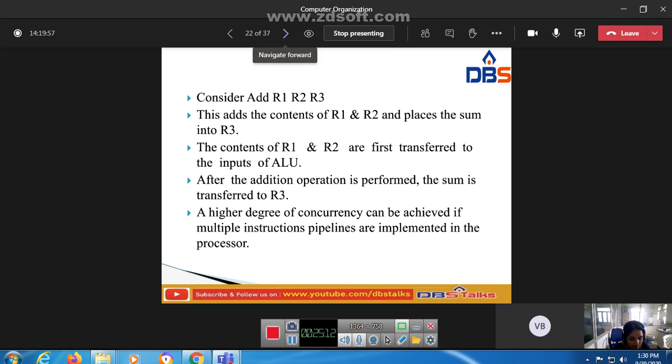The contents of R1 and R2 are first transferred to the inputs of the ALU. After the addition operation is performed, the sum is transferred to R3. The processor can read the next instruction from memory while the addition operation is being performed. Then that instruction also uses the ALU, and its operands can be transferred to the ALU inputs at the same time that the Add instruction is transferring its sum to R3.